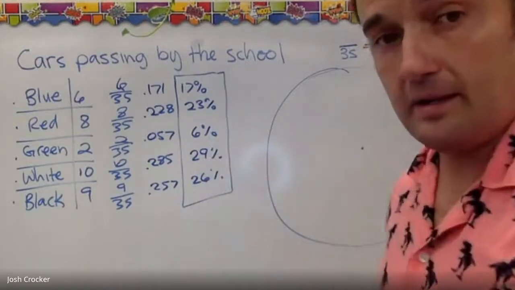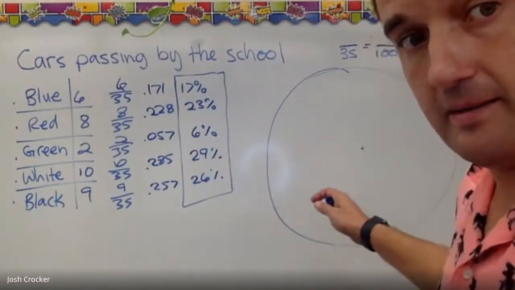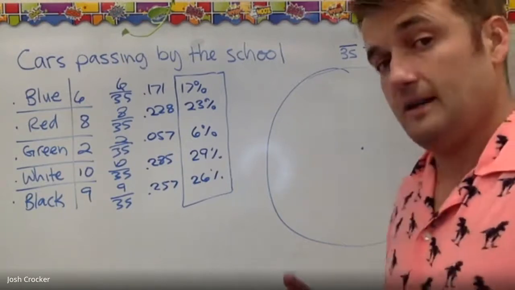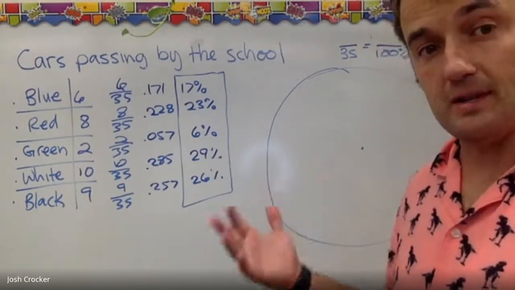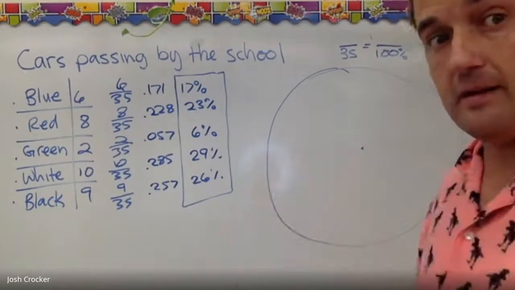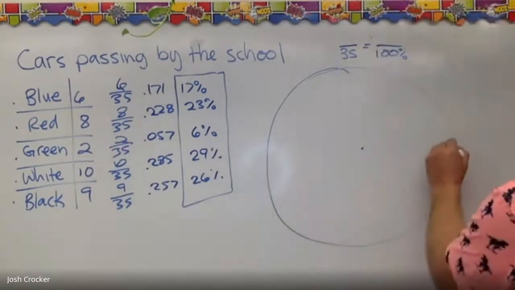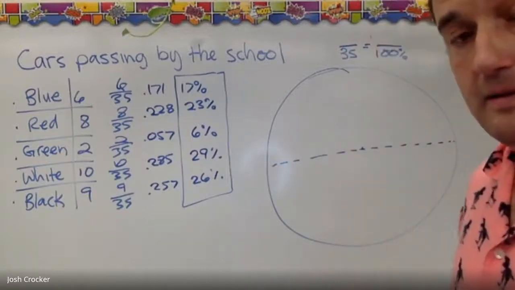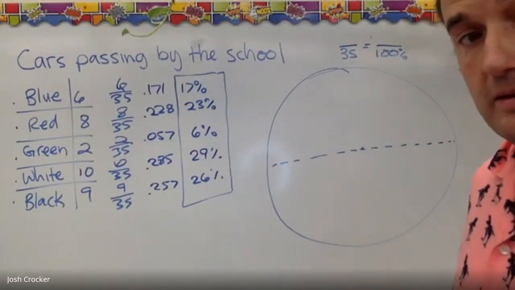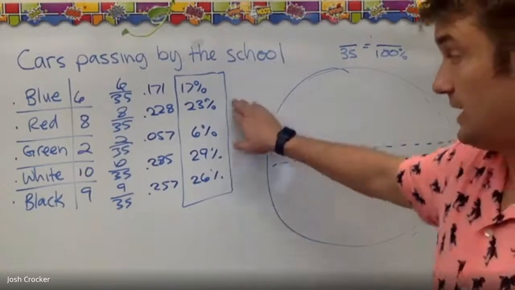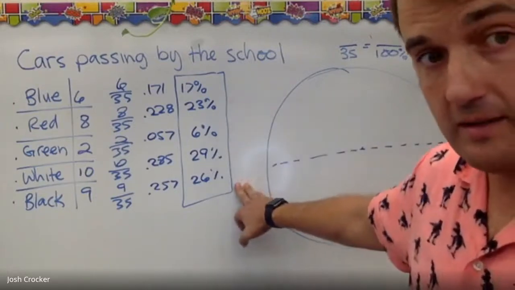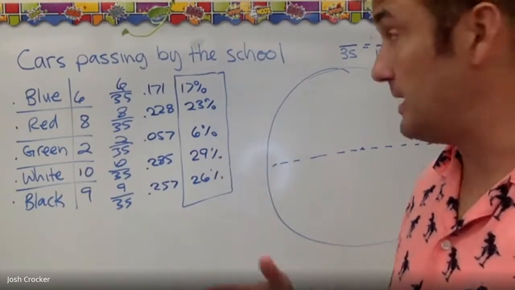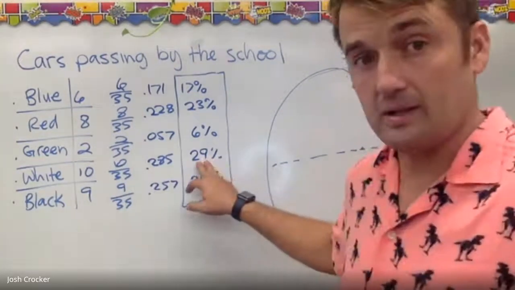And I'm going to make slices out of my pie. There's some things you kind of need to know about percents when you're carving it out of a pie. Half of my pie is 50%. I don't have any numbers that are even close to 50%. None of my cars were half of the group. The biggest I have is 29%.